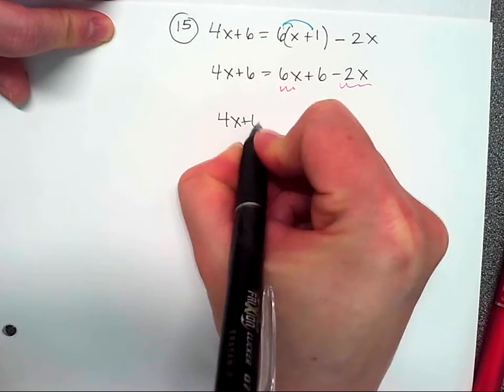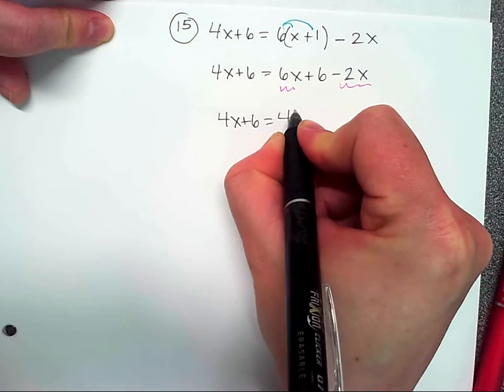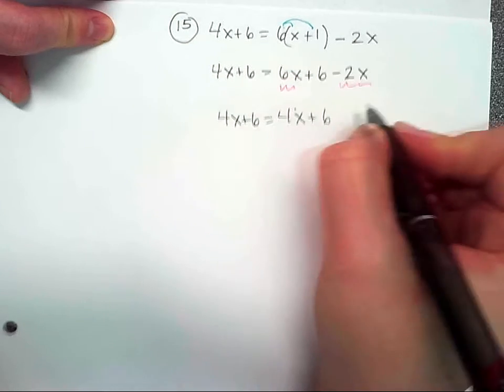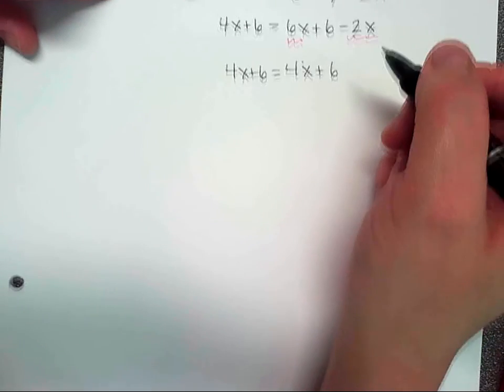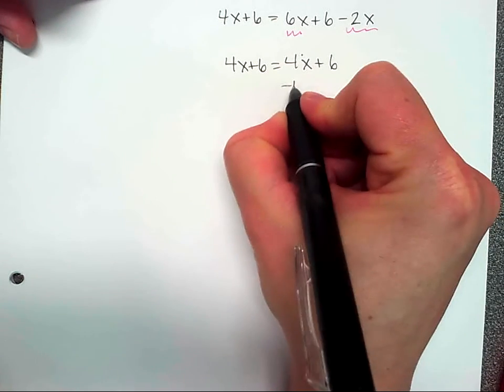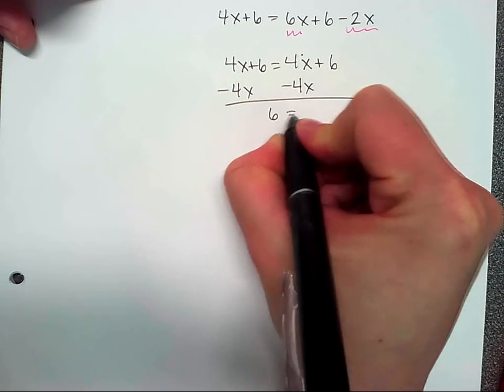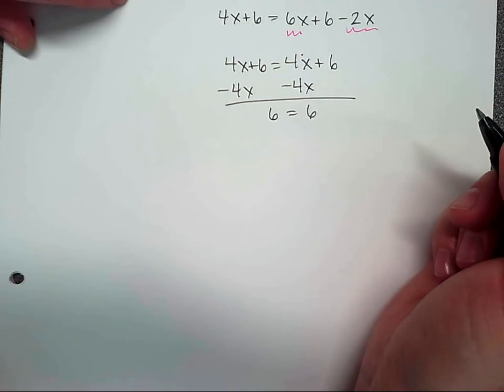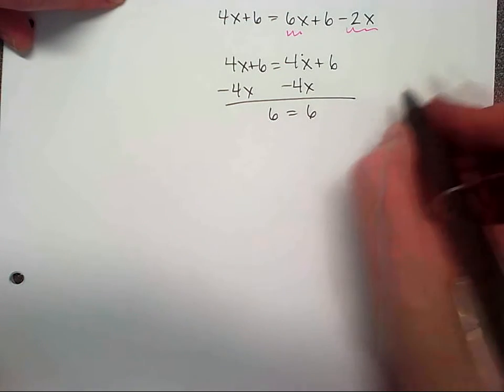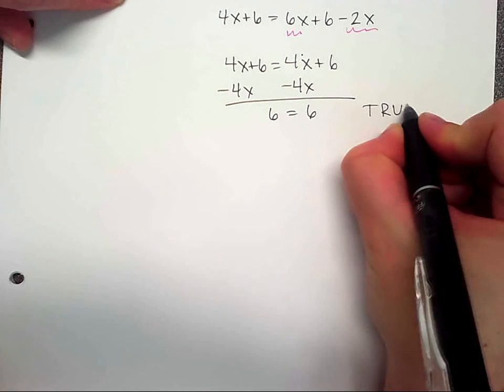Okay, so on my right-hand side, I need to combine like terms. Now let me subtract 4x from both sides. And then I get 6 equals 6. Is that a true statement or a false statement? True, so what?